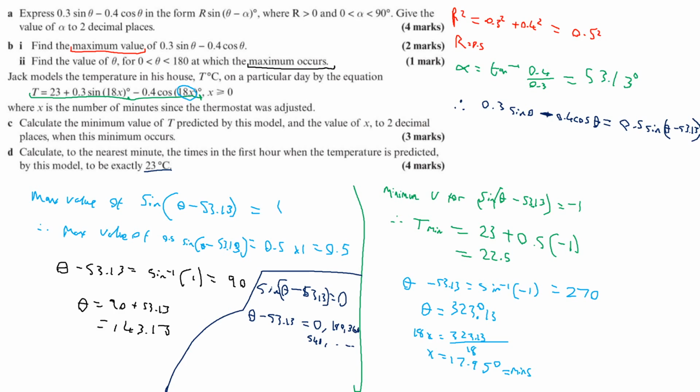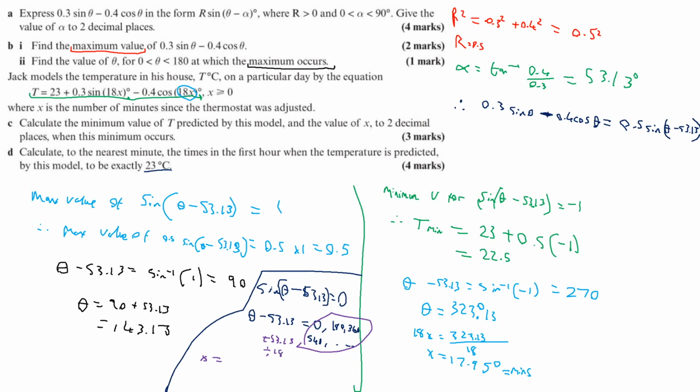So let's add 53.13 to each of them. It's going to be all of this plus 53.13. And then we divide the answer by 18.